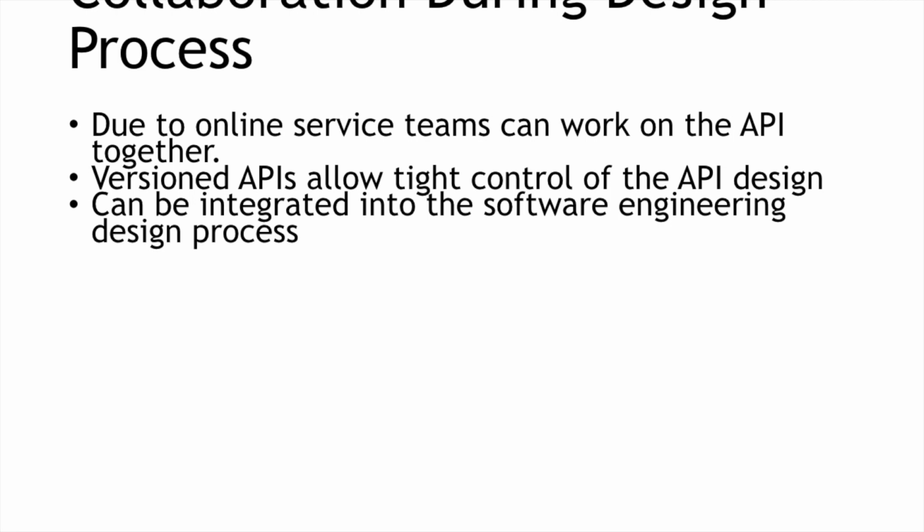In addition, we have a versioned API design process in which we can associate a version with each API, thus making it clear that we can improve things, but at the same time stay very focused on already existing API designs that we have done in the past. We can integrate this particular activity in our software engineering process of design, review, and refinement.